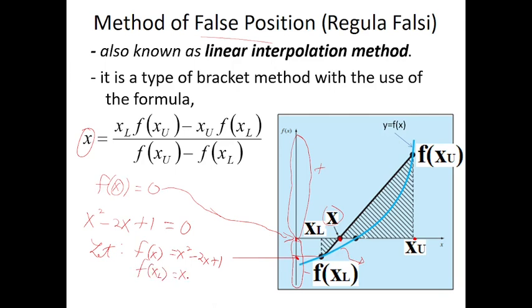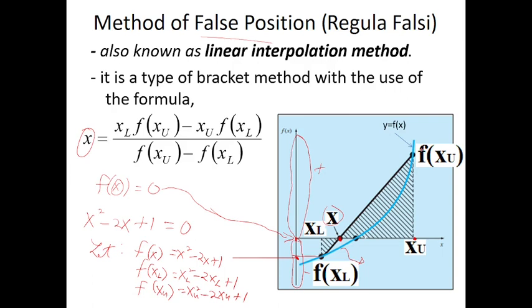So I have x sub l squared minus 2x sub l plus 1. So this is the function value now at x equals x sub l. Now at x equals x sub u, the upper value of x, that's x sub u squared minus 2x sub u plus 1. So we have this function, okay, x sub u squared minus 2x sub u plus 1.